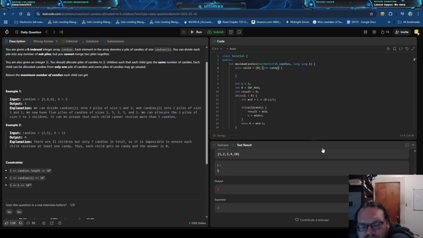So if I guess 5 candy per pile or per child. Okay. Now, how would we want to deal with validating the candies per child to see if it's valid?